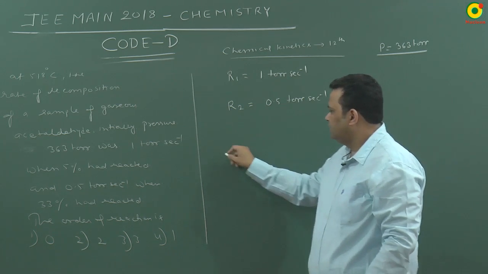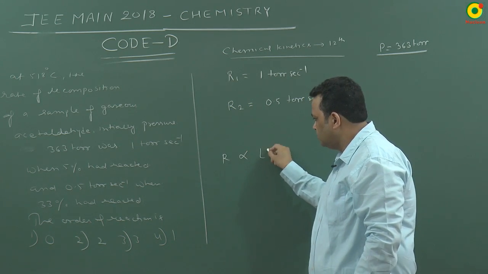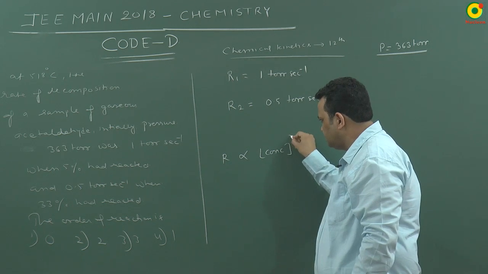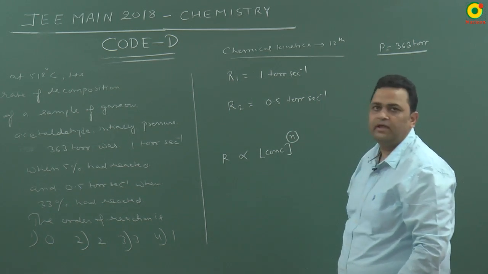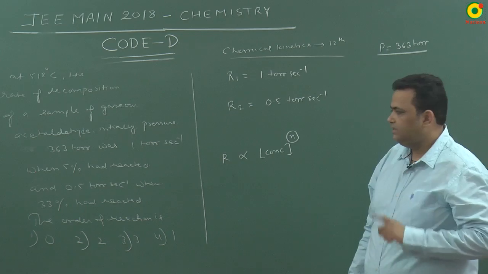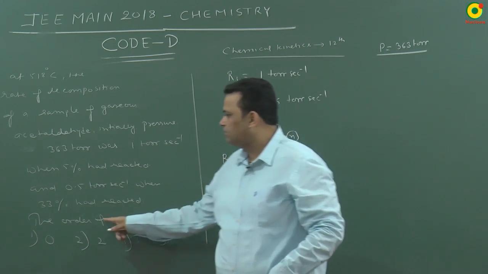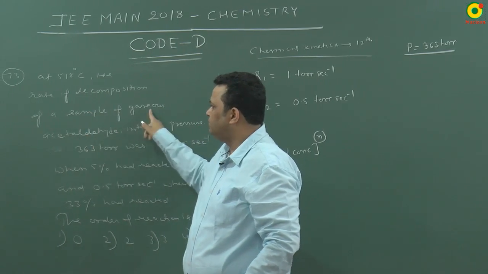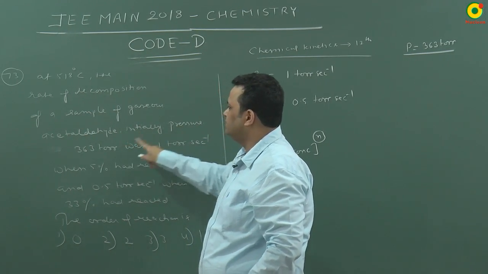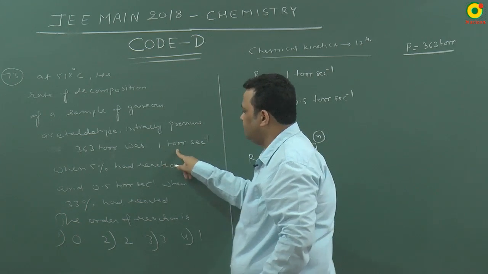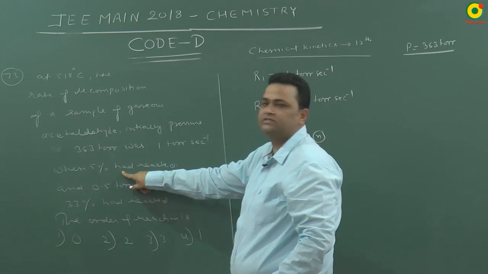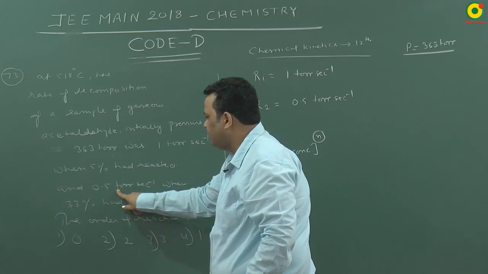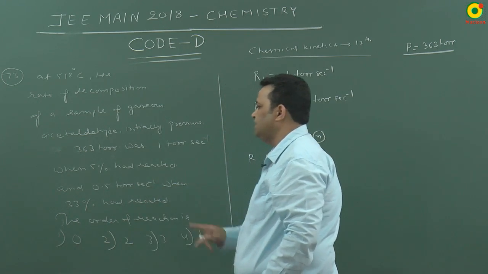Now we know that the rate is proportional to concentration raised to the power n, where n is the order. In this question he is asking about the order of reaction. The rate of decomposition of a sample of gaseous acetaldehyde, initial pressure 360 torr, was 1 torr per second when 5% had reacted and 0.5 torr per second when 33% had reacted.